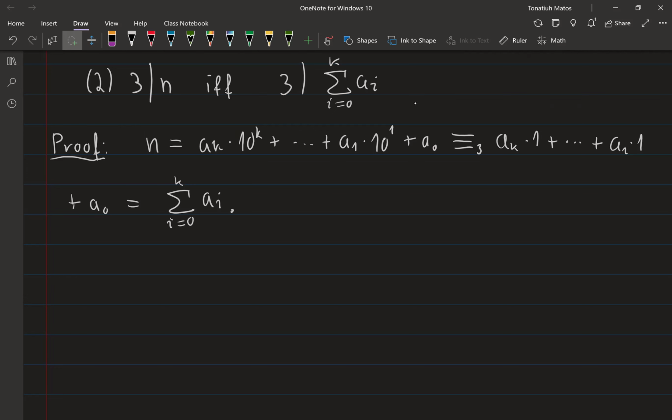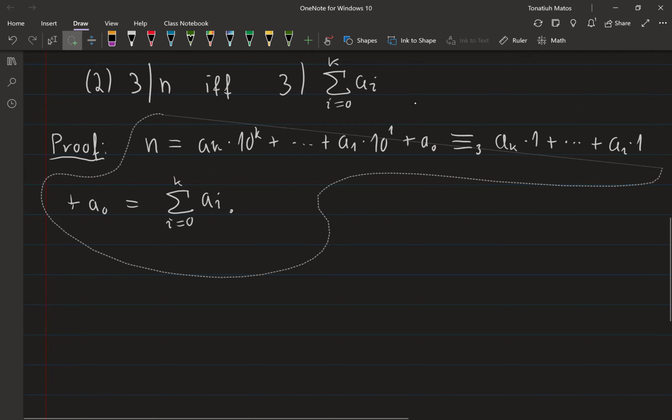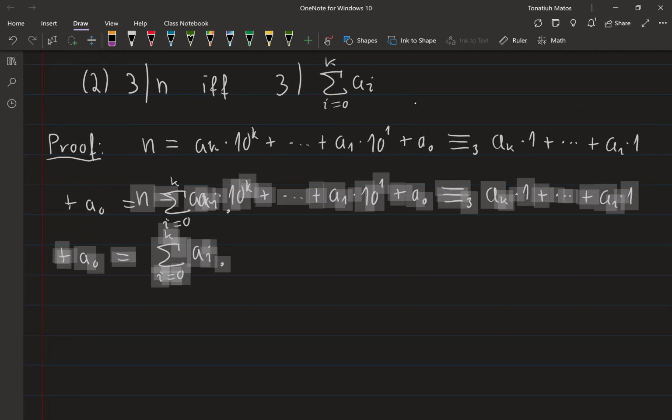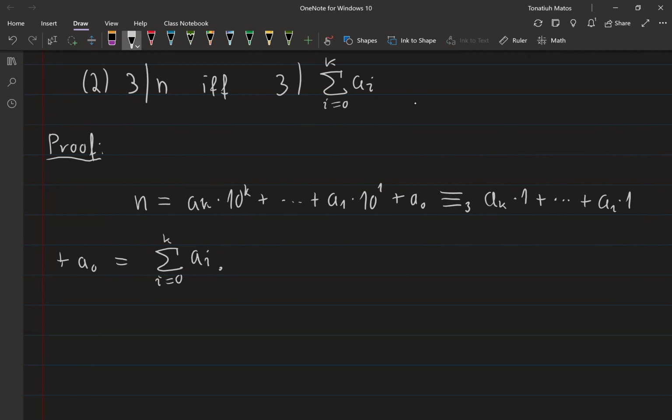So let's do this before we write this down. So notice, let's add some more details, right? So notice that 10, which is just 9, or 3 times 3 if you want, plus 1, this is congruent to 1 mod 3, right? But this is something that I previously said, right?